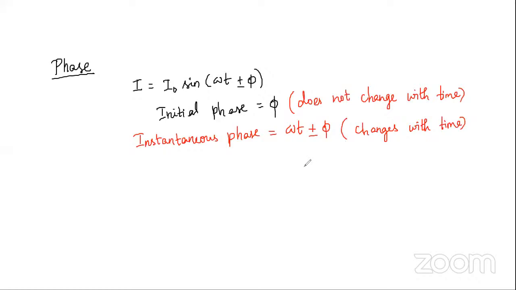Then what is the SI unit of this phase? It is actually radian. Okay. SI unit of phase is radian. SI unit of any phase, be it an instantaneous phase or initial phase, SI unit is actually radian, right?